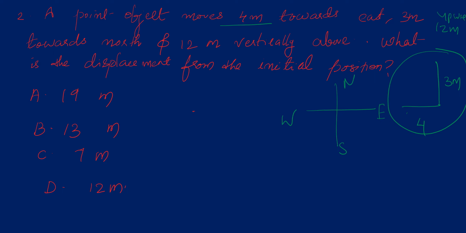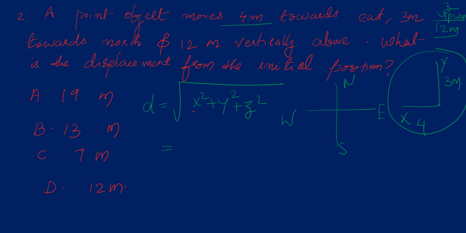So this is in the xy plane, the same plane, and the third time it travels upwards. That means perpendicular to this plane, that is in the z direction. So we can write displacement as square root of x square plus y square plus z square.